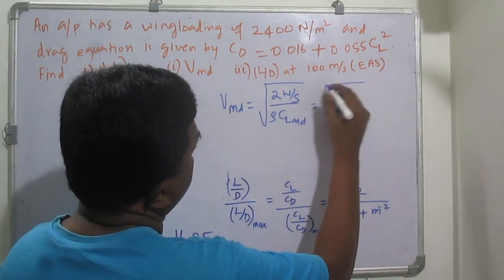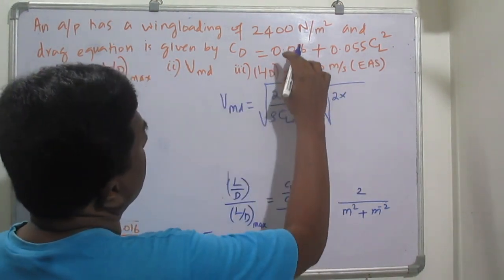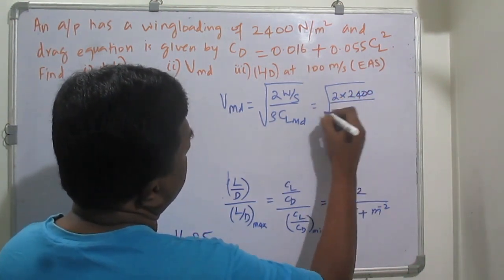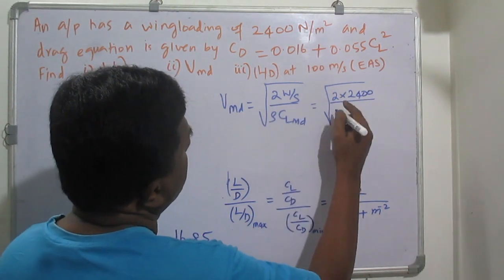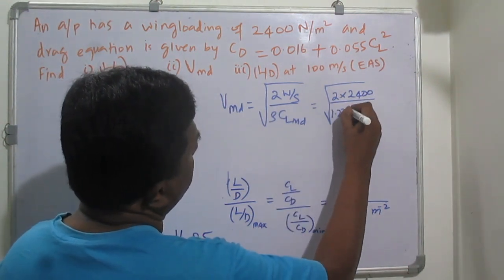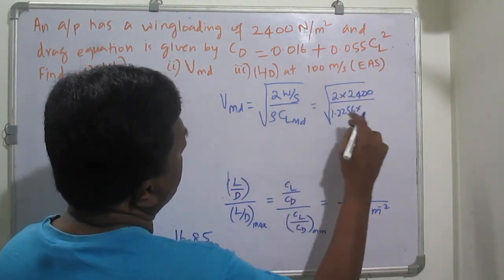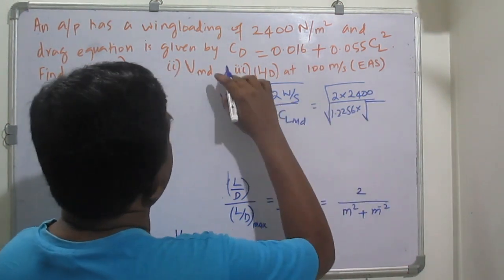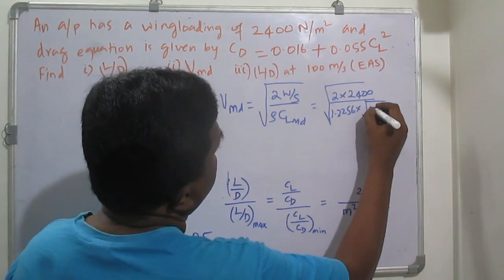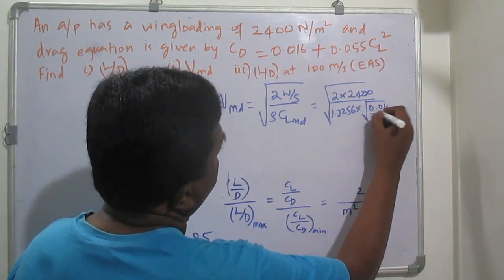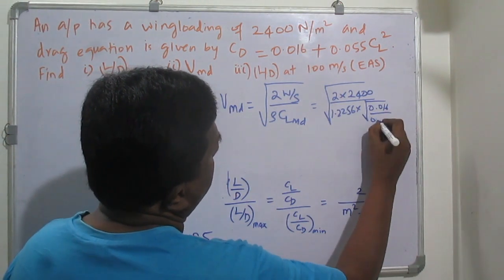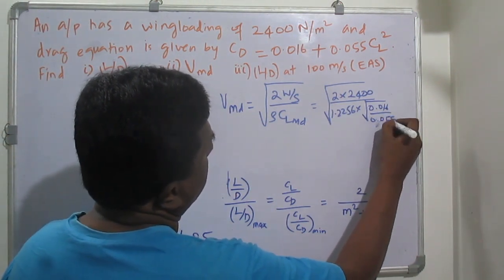2 into W by S, nothing but wing loading, 2400, whole divided by rho, which is nothing but sea level density, that is 1.2256. CL minimum drag, we know the formula, CD naught, 0.016 divided by 0.055.